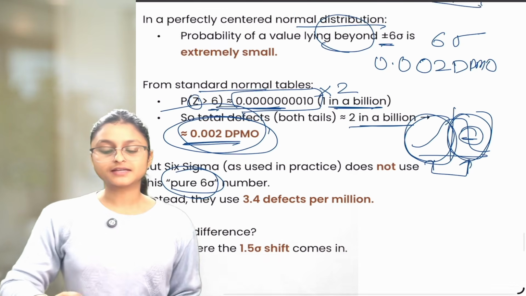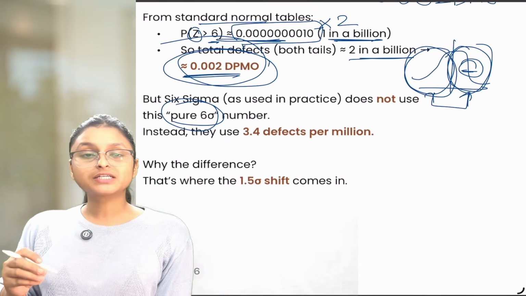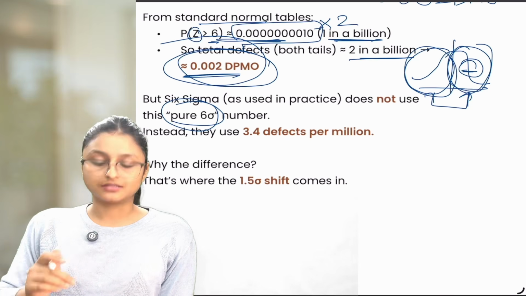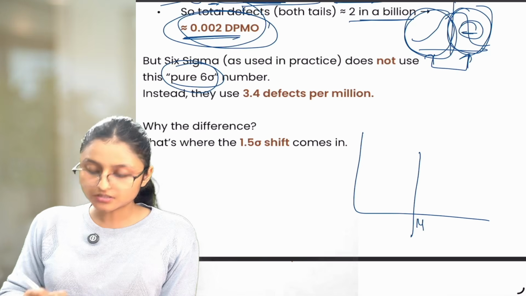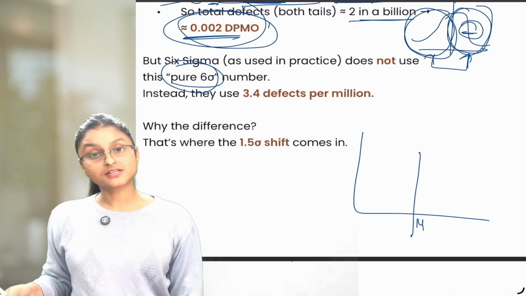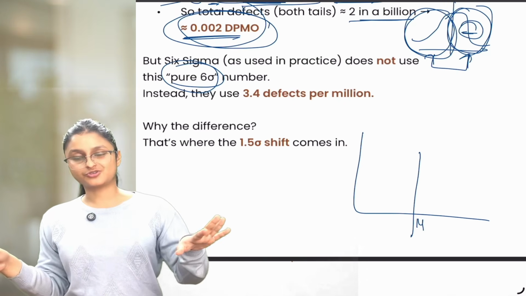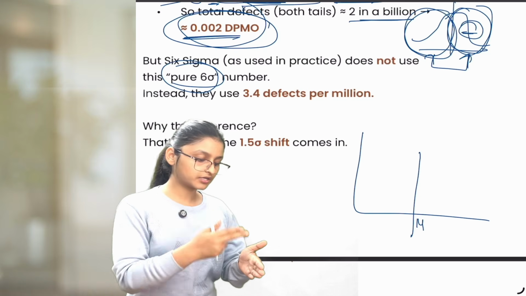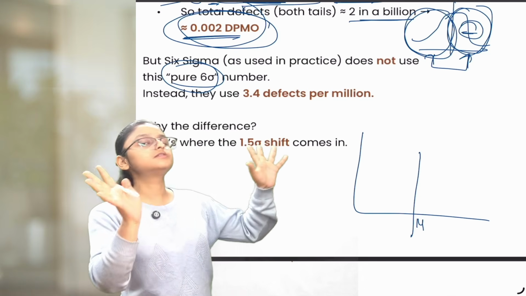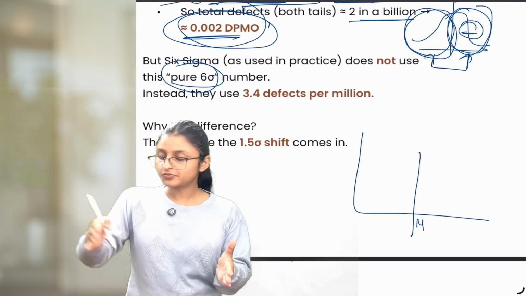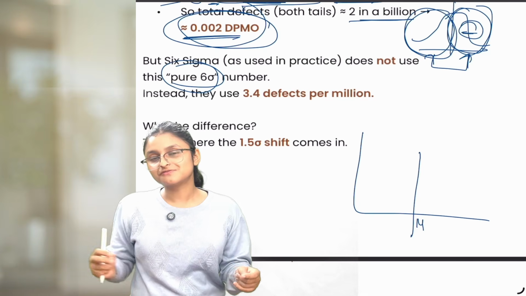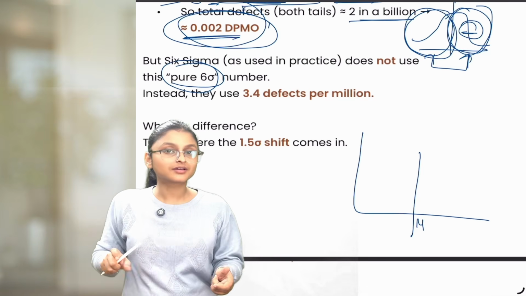You need to understand that processes with time shift their mean. So for now, my process is able to produce the mean here. But after some time, your machine will be aged, right? The machine working right now is in its most efficient manner. This is a new machine, but with time it will age and hence the machine will somewhat change the output.